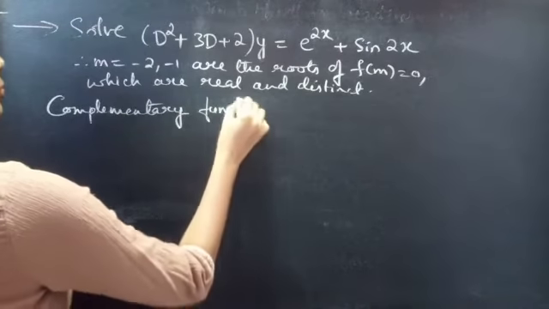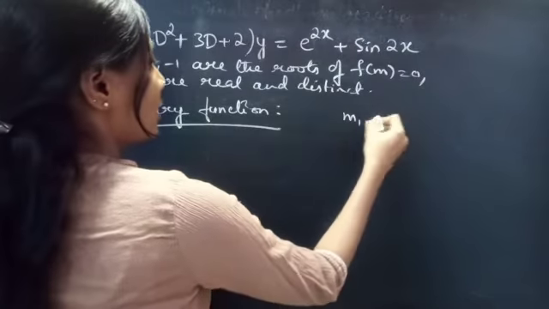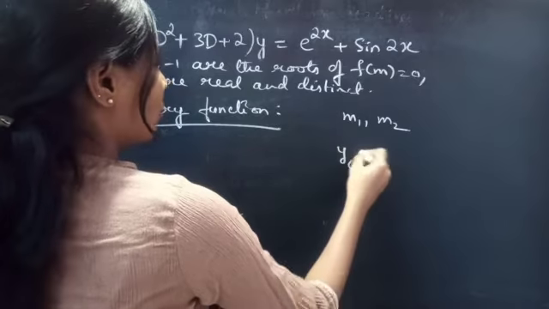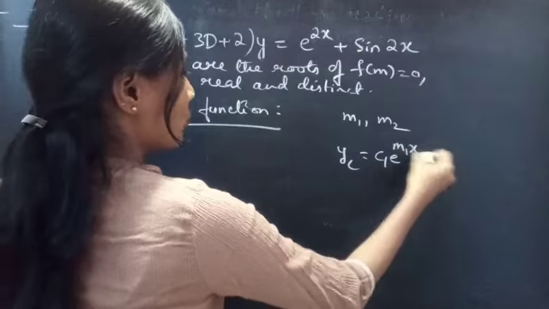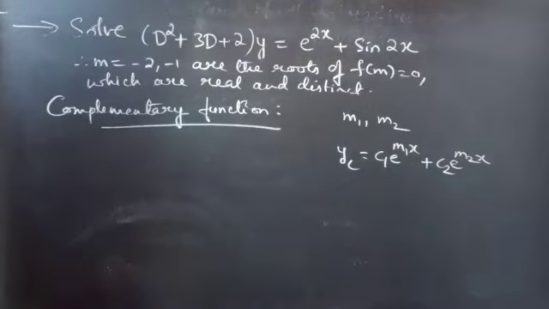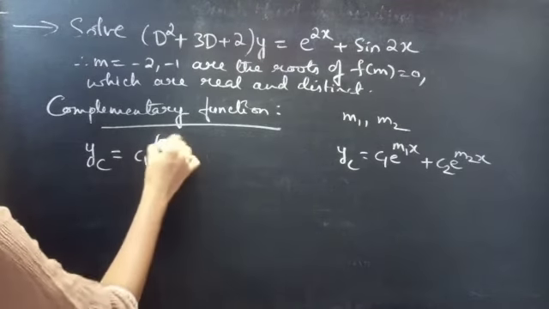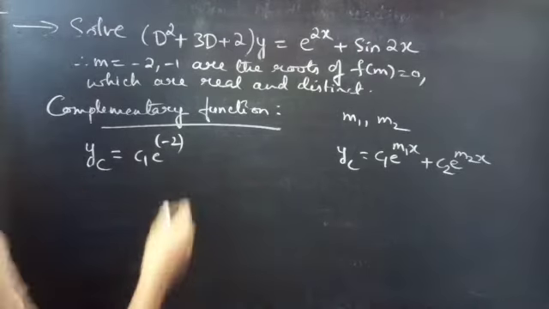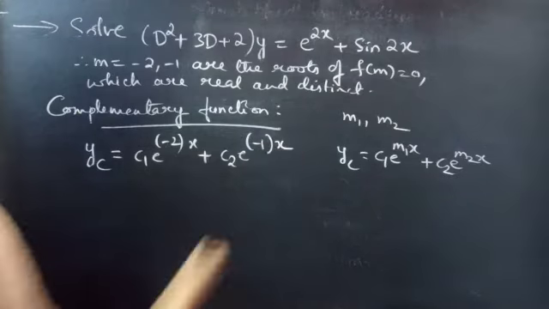Complementary function. We know that if two roots are real and distinct, then the complementary function is given by y equals c1 into e power one root into x plus c2 into e power another root into x. Then our complementary function will be c1 into e power one root, you can take any of these two, minus 2 into x plus c2 into e power another root into x.